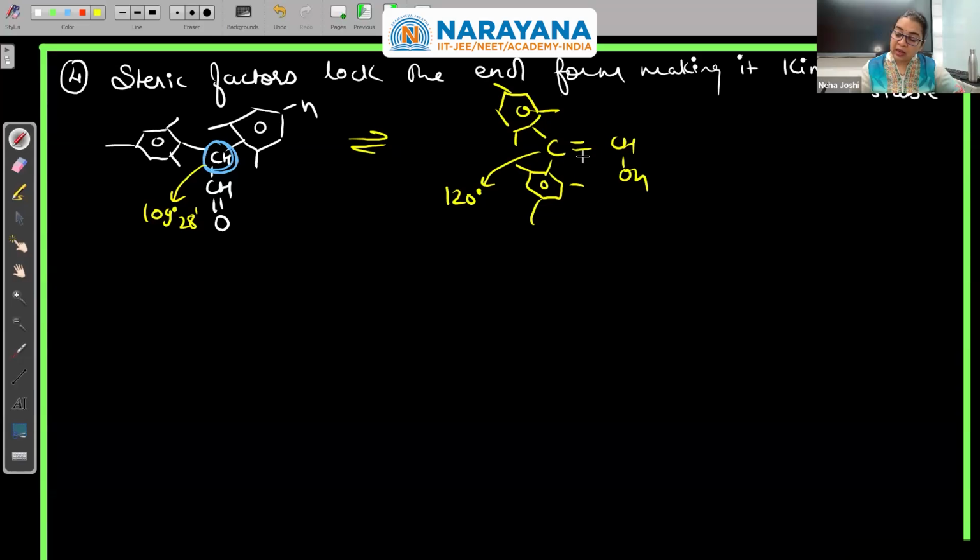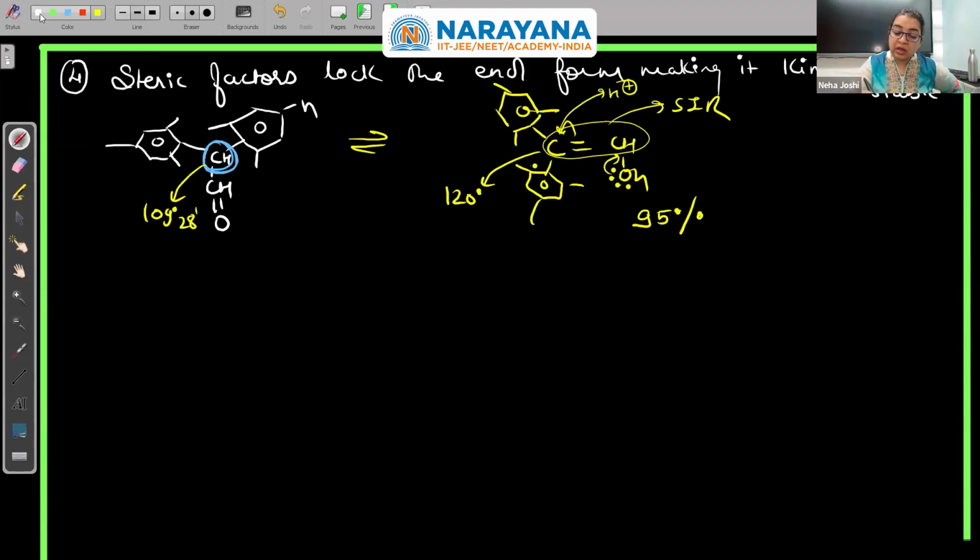Plus now this thing will have something called SIR. This bond will have steric inhibition of resonance. It cannot be participating in resonance anymore, right? So that is not my supporting factor. But once this is formed, it is very difficult for H plus to attack on this, because it is shielded from both upside and downside.